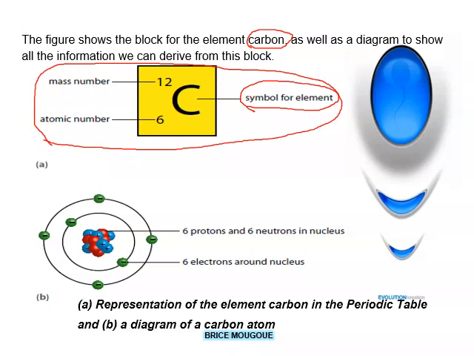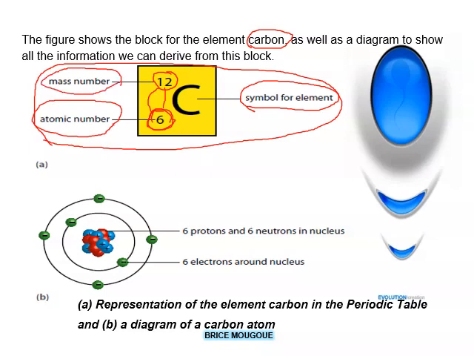Secondly, we will have two numbers actually, one here and the other one. Previously, we talked about a small number and a big number. Between these two numbers, 6 and 12, which one is small? 6 is small. So the smallest number of the two represents the atomic number, while the largest number of the two represents the mass number.